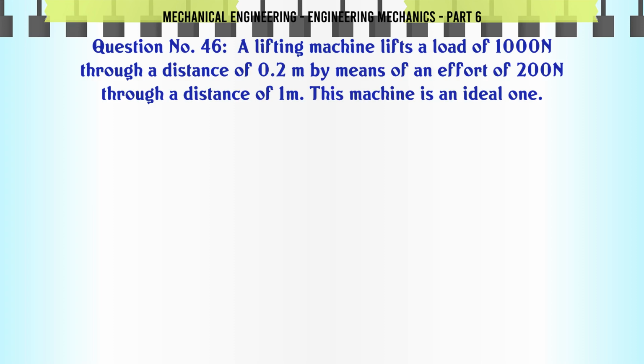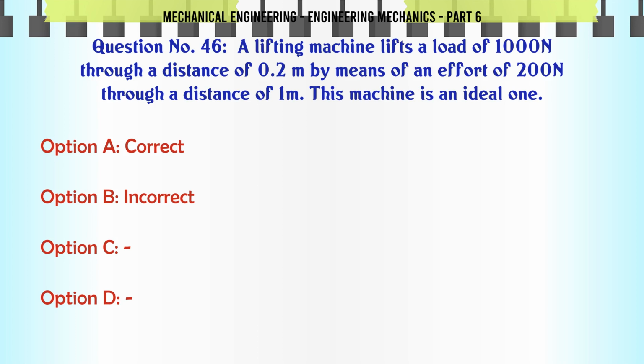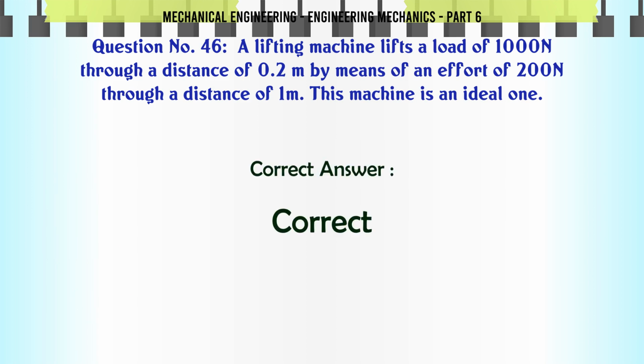A lifting machine lifts a load of 1000 N through a distance of 0.2 m by means of an effort of 200 N through a distance of 1 m. This machine is an ideal one. A. Correct. B. Incorrect. The correct answer is correct.